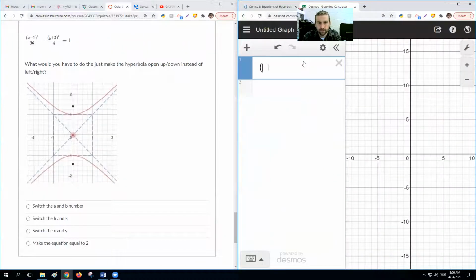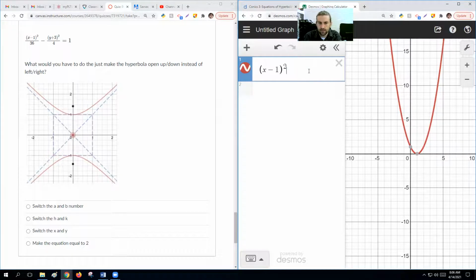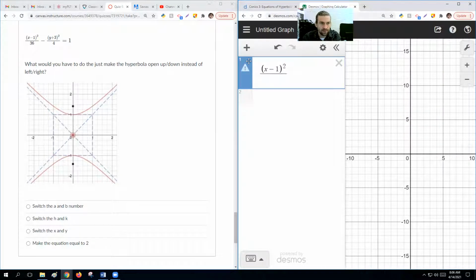So we got x minus 1 squared over 36 minus y plus 3 squared over 4 equals 1.